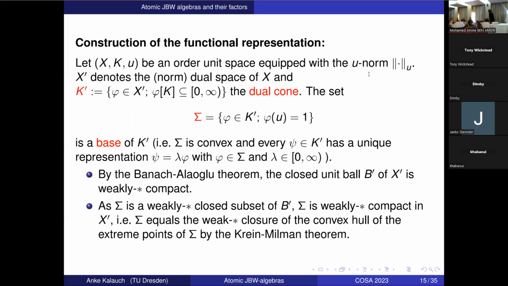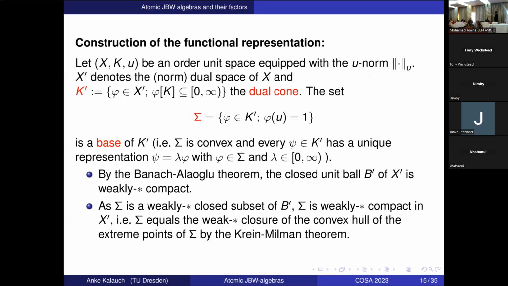So let me remind you quickly how this functional representation of order unit spaces is obtained. So we have the order unit norm I already mentioned. We go to the dual space X prime. We take there the dual cone and intersect the dual cone. So we take a base of the dual cone.